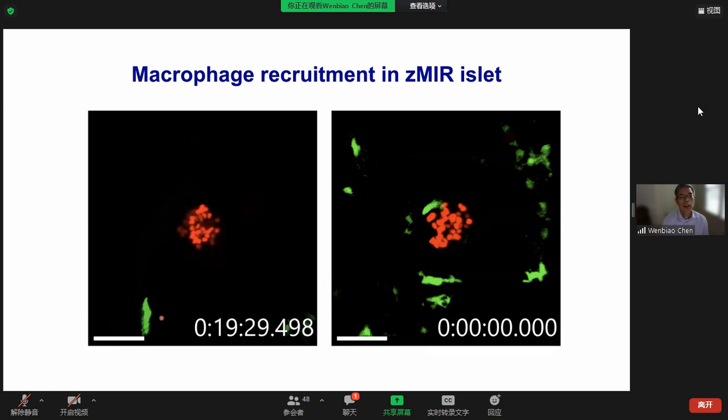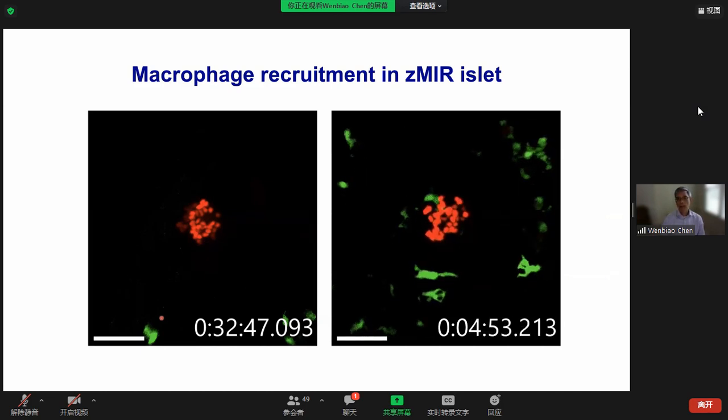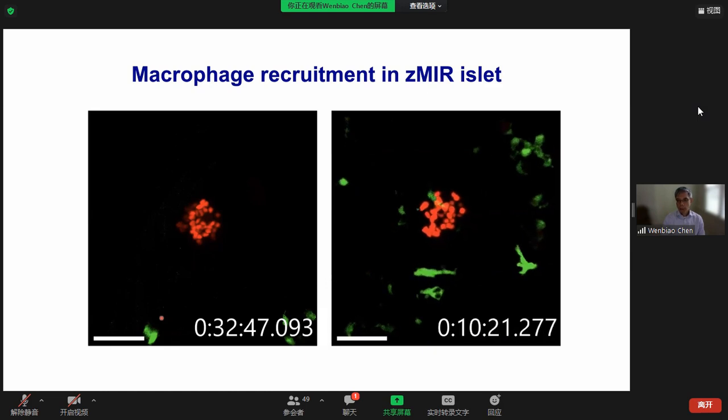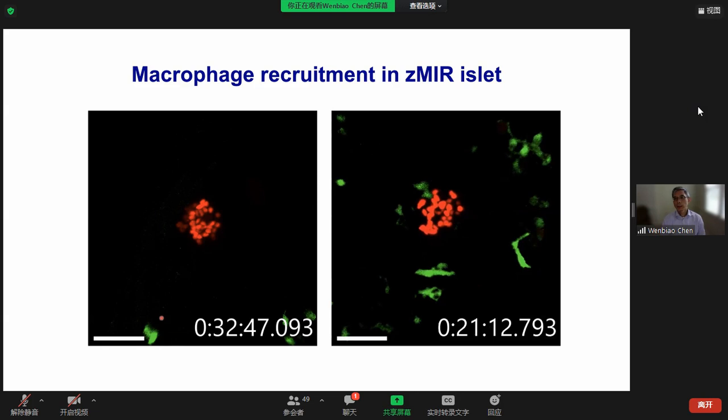You can see that macrophages never come close to the islet in the control animals, whereas in the ZMR fish, you can see macrophages approaching the islet and interacting with beta cells, and then they also retract.